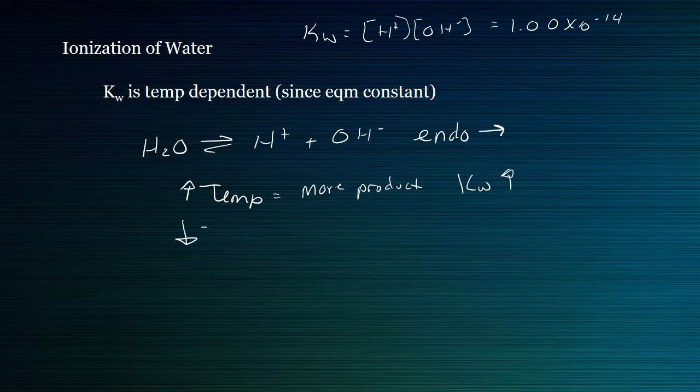If you decrease your temp, that means it favors your exothermic process, and for this reaction, that is the reverse direction. So that means we're going to have more of our reactant, or full water, which means your Kw is going to decrease.